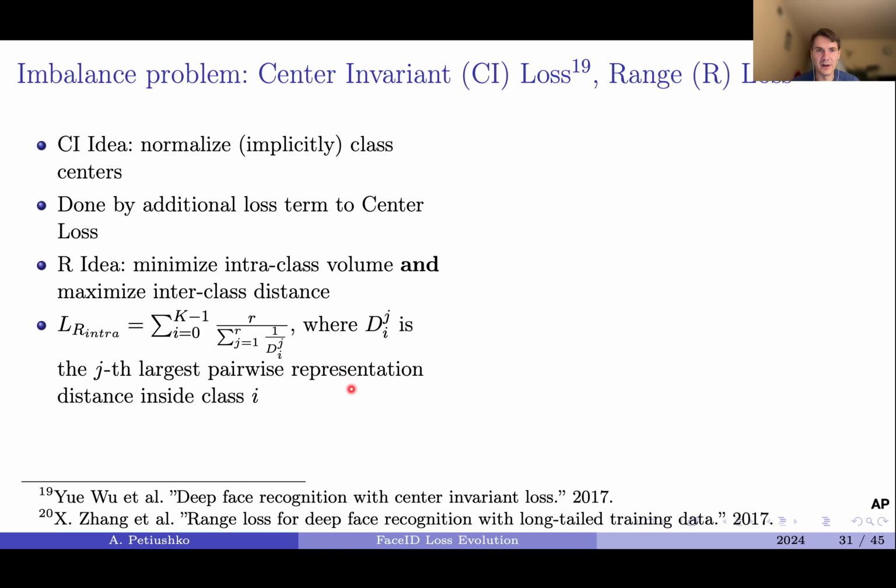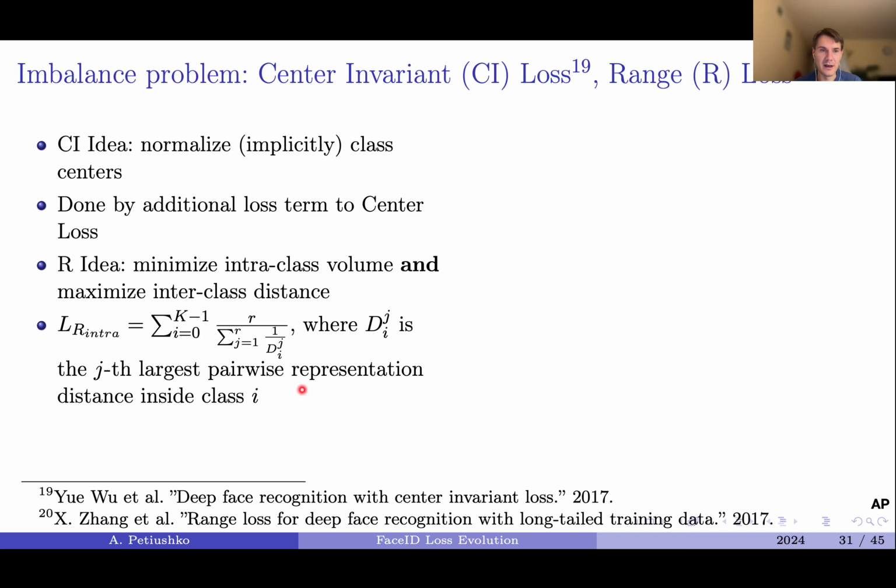It is just minimizing the intra-class distances. If we have a very big d, then the fractions are smaller, and the overall fraction is also big. But our loss needs to be minimized. That's why we are minimizing these largest pairwise distances. Why not use, for example, d without these two layers of fractions? I'm not sure.